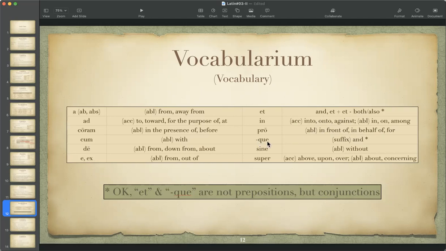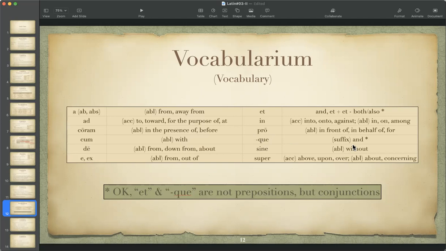Que, all right. This is something that is unique to Latin. I don't think English has anything even remotely like it. I said celi et terra, meaning the heavens and the earth. I could say celi, heavens, terraque, meaning and earth. So you can stick the que at the end of it.